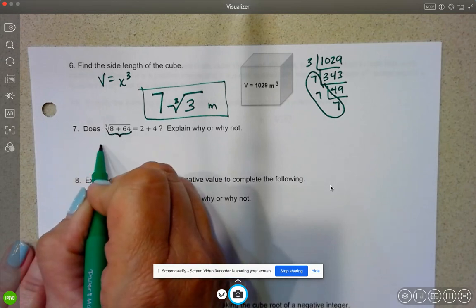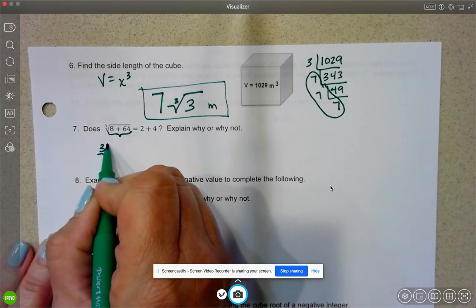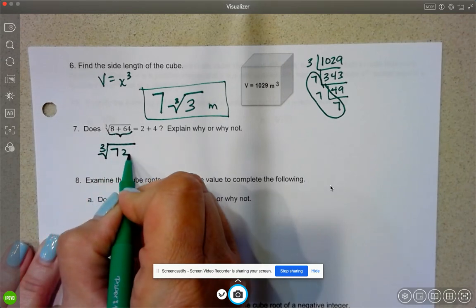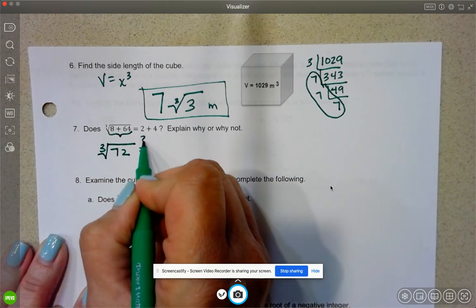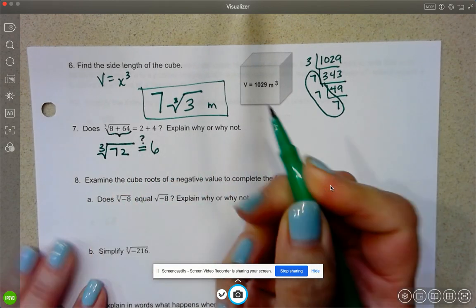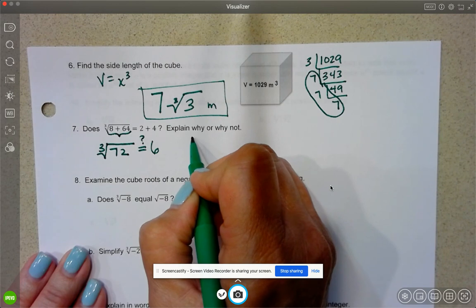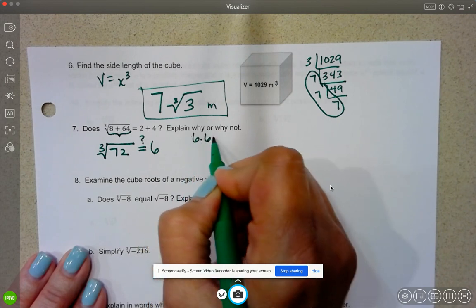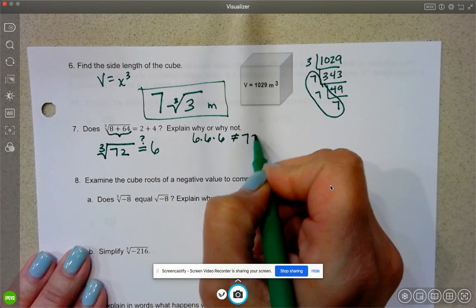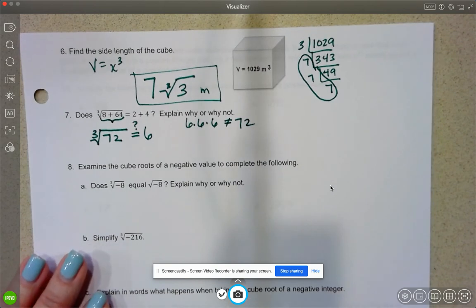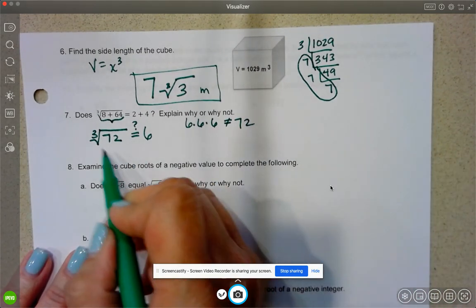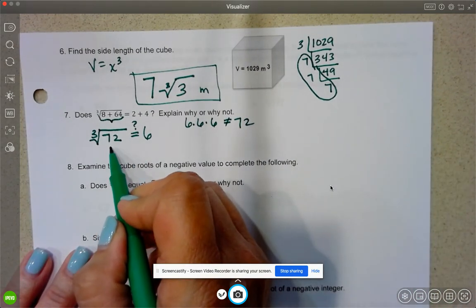So this is actually the cube root of 72. And I want to know, does this equal 6? Well, a couple of reasons why not. 6 times 6 times 6 doesn't equal 72. It equals 216.